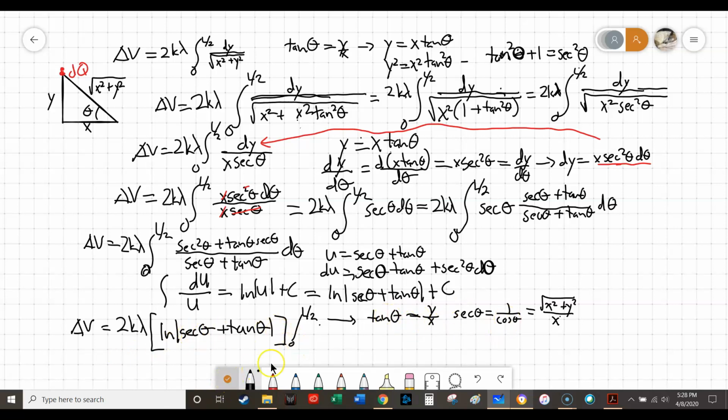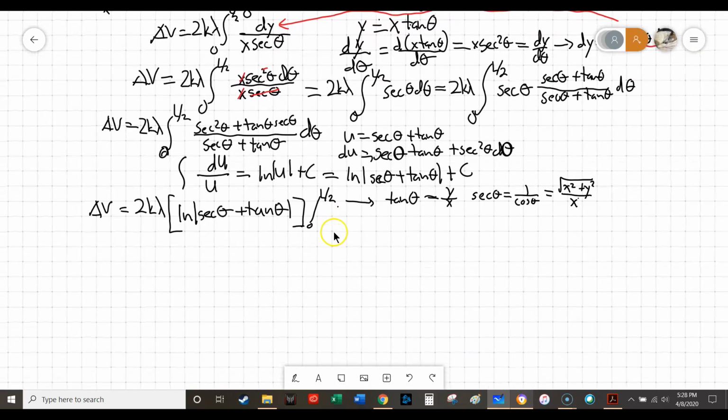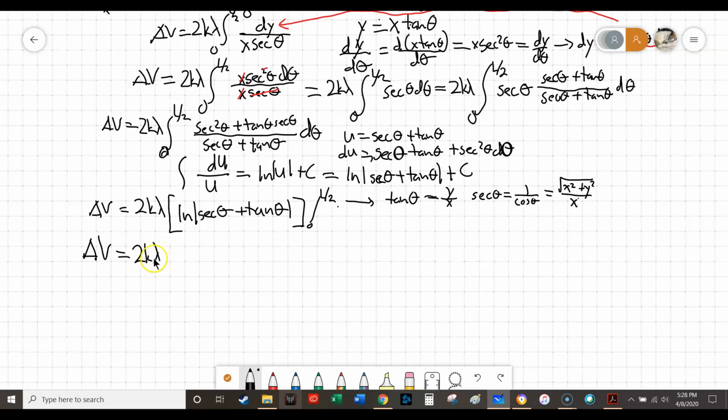So we're going to substitute these two guys into here. And I will need some room, so I'm going to scooch this down a squidge. Okay. And now I'm going to go back up. I'm going to copy my delta V, and that's equal to 2k lambda. And we're going to have a natural log here.